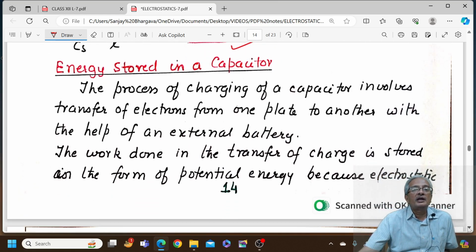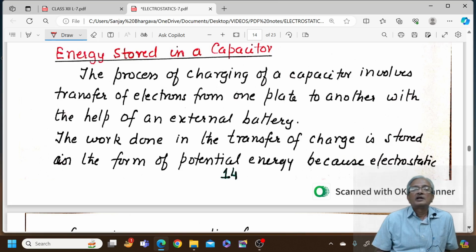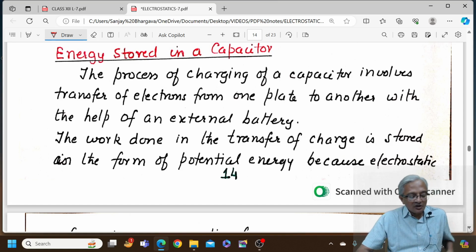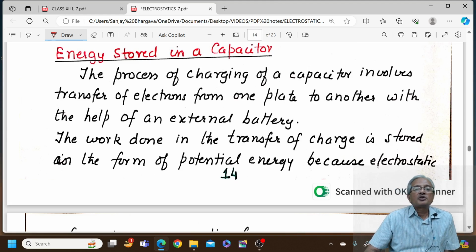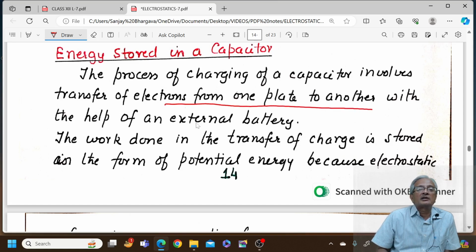Energy stored in a capacitor. In the first part we calculated the energy stored in a conductor. Now we have the energy stored in a capacitor. What would the process of charging of a capacitor involve? The process of charging a capacitor involves the transfer of electrons from one plate to another with the help of an external battery.